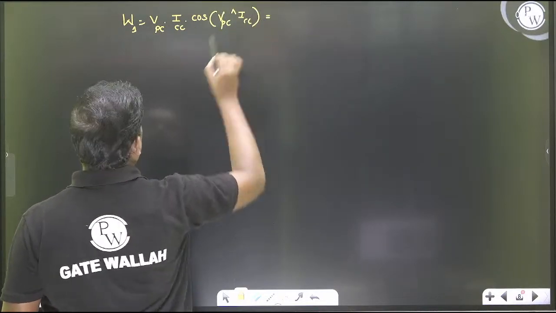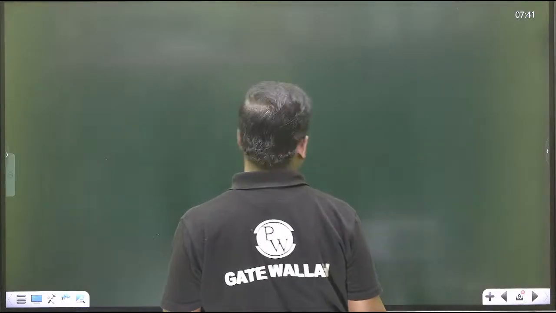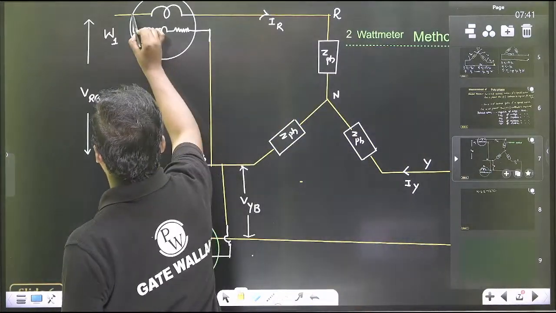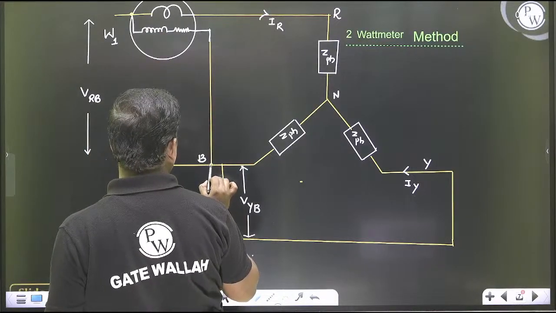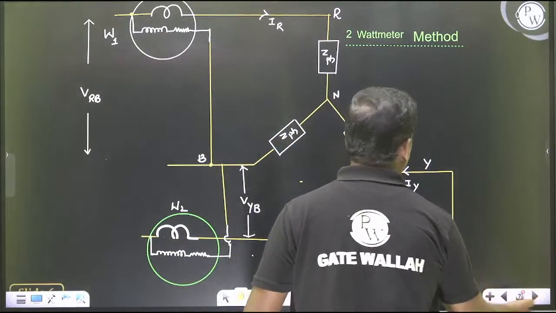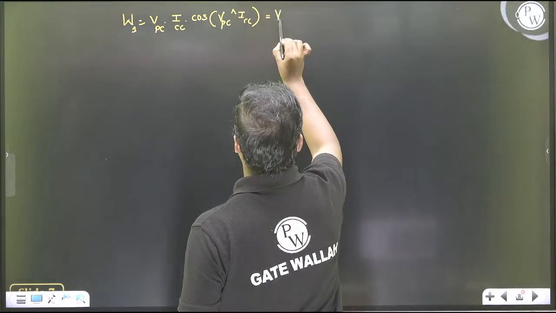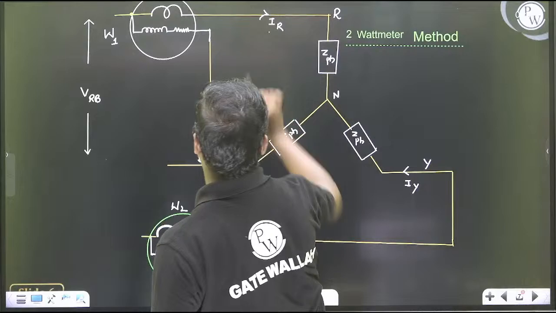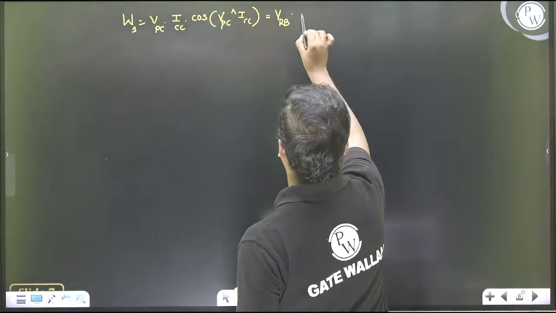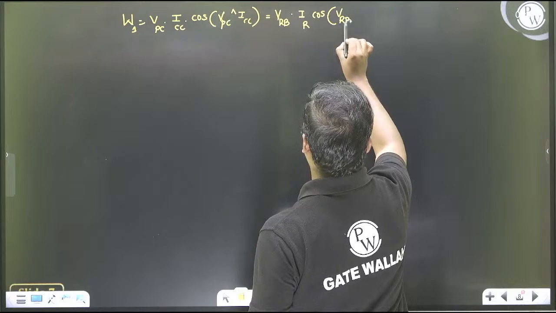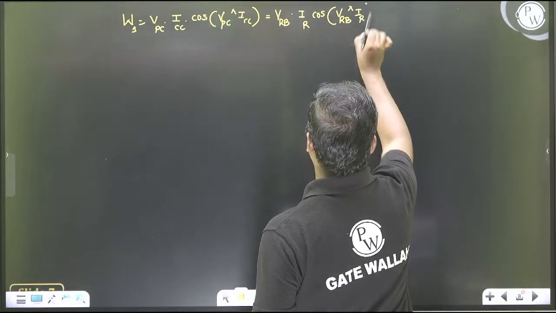So if you check here, pressure coil is connected between this R and B. So this will be VRB, and the current coil is connected in this IR. So this is the IR, the cosine angle of VRB and IR.